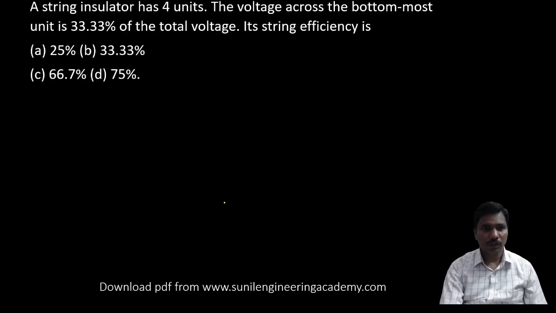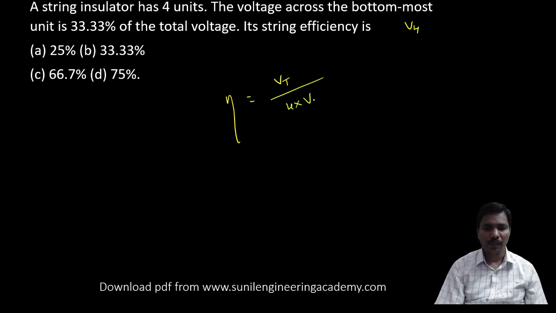Okay, coming to the next question. A string insulator has 4 units. The voltage across the bottommost means V4. The string efficiency is nothing but total voltage by number of discs into voltage across the disc near to the conductor. Here V4 is given as 0.33 of total voltage.